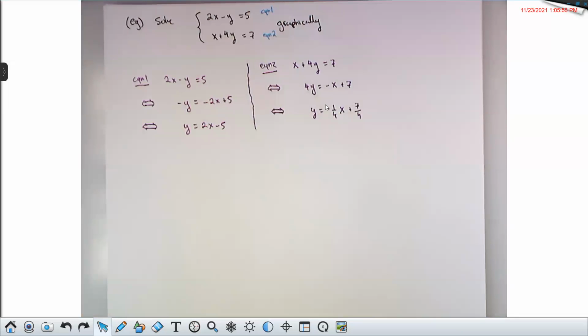So this is a line with slope negative 1/4 and y-intercept 7/4, which is 1.75 or 1 3/4.